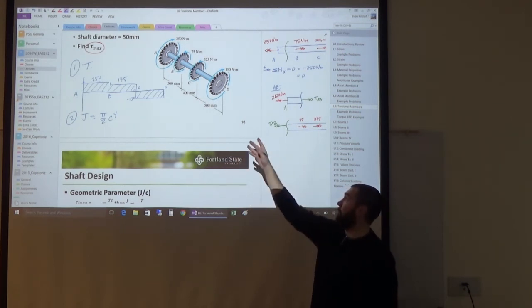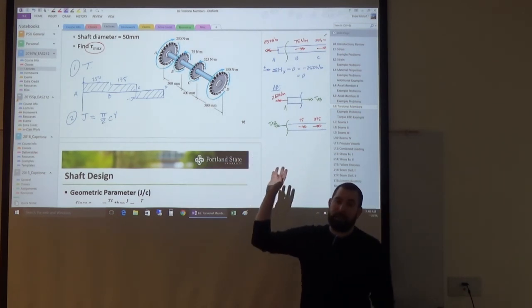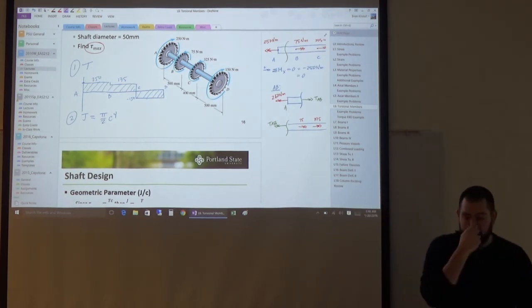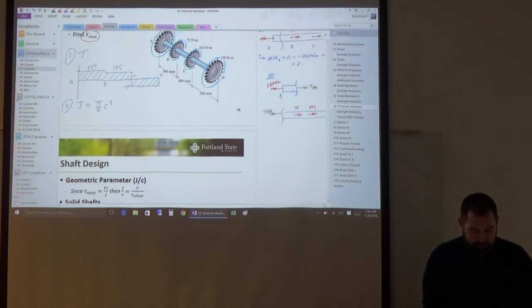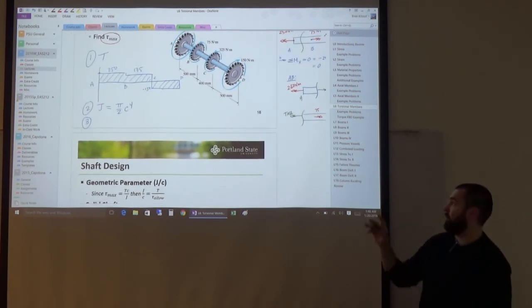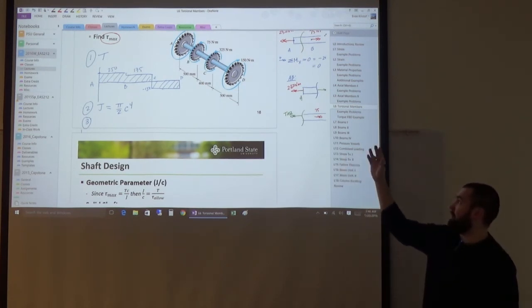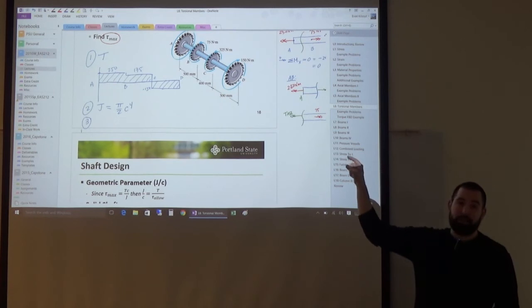Now with this problem, all of the cross-sections are the same. They don't change. And so if we're looking for the maximum shear stress, really the only thing that could affect where the maximum is, is the torque, because J doesn't change whether we're in section AB, BC, or CD, but the torque does change.